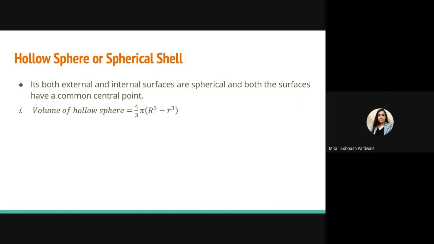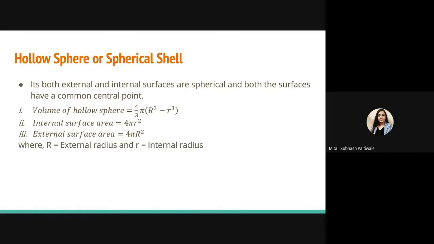Volume of a hollow sphere would be 4 by 3 pi into R cube minus r cube. Internal surface area would be 4 pi r square. External surface area would be 4 pi capital R square, where the external radius would be R and the internal radius would be r.